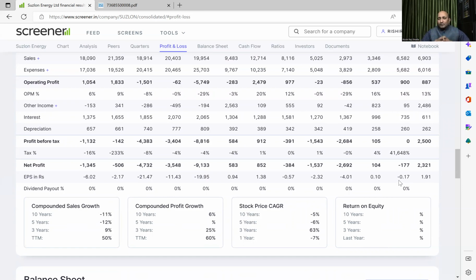So from here, you can easily have an understanding of how to read and what to see inside a profit and loss account. All four things you can see. And if you have a comparison for the last 10 years, you will easily get how the trend is, whether profitability or company health is improving or not improving, it is deteriorating.